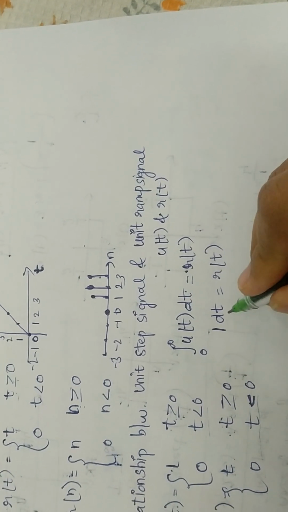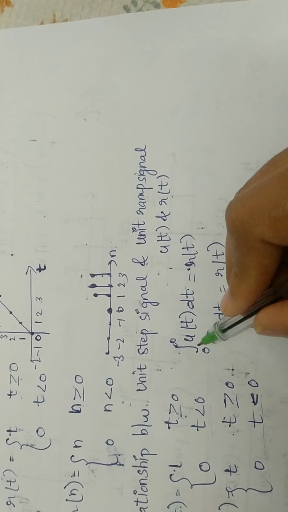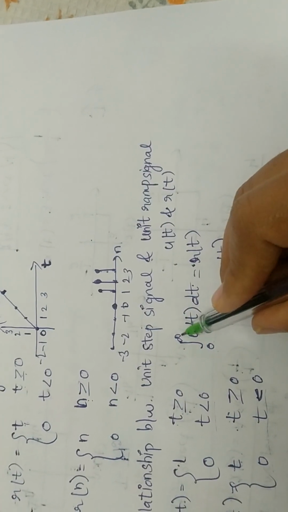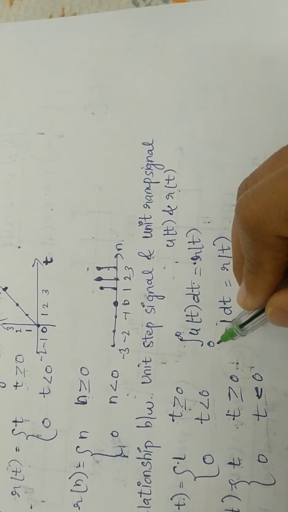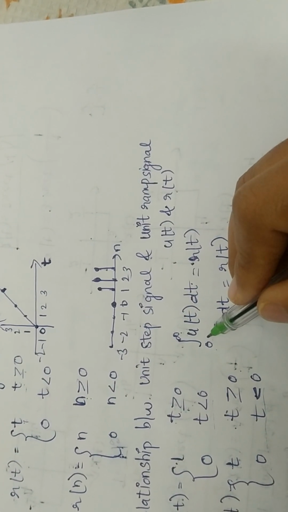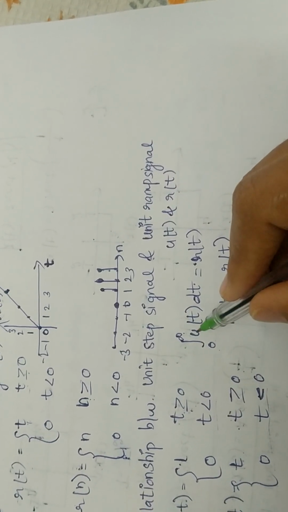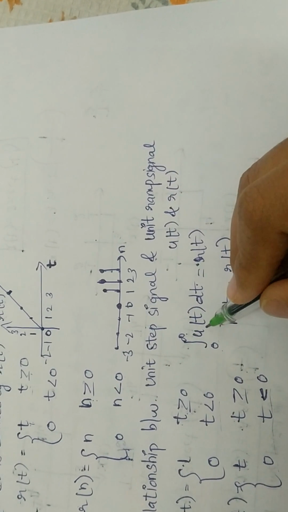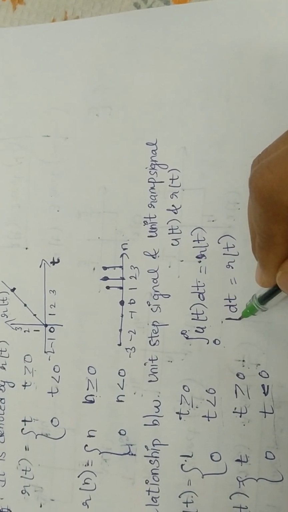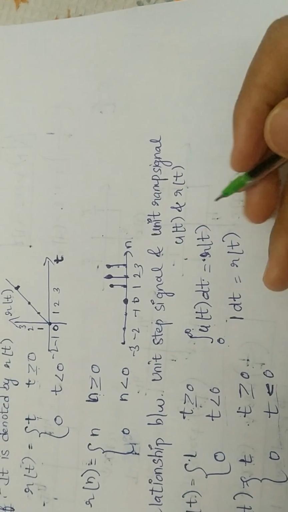Here from minus infinity to plus infinity we can also take it, not an issue, because for negative values the u of t value is 0, so 0 into dt is 0.